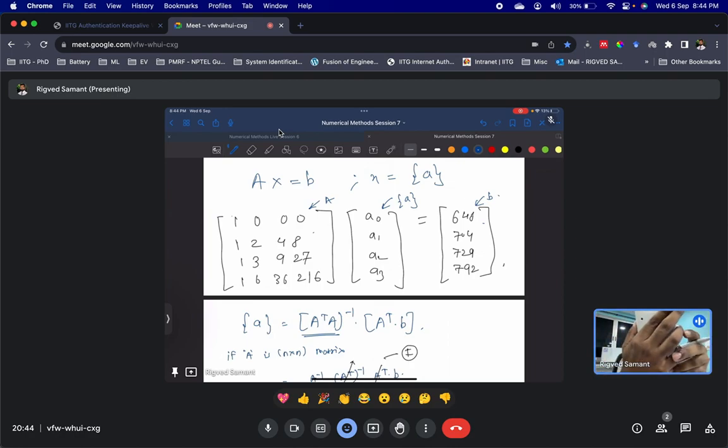You press three, then you get this matrix A. If you want to take the inverse, just press the x raised to minus 1 key, and that will fetch you the inverse of the matrix. So that's how you do it.